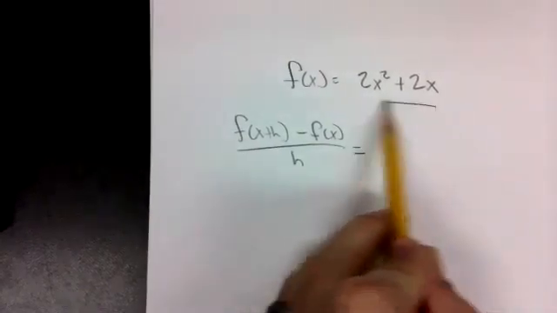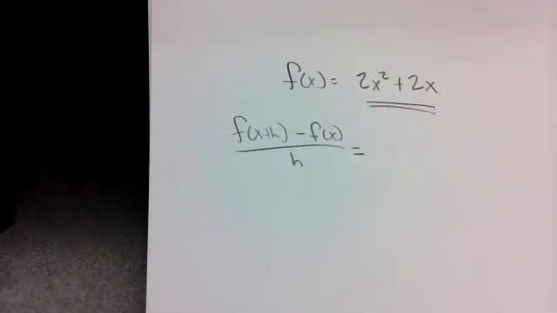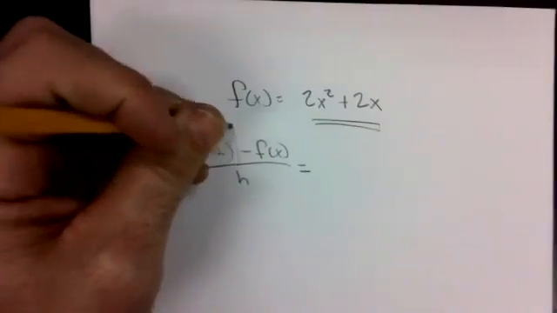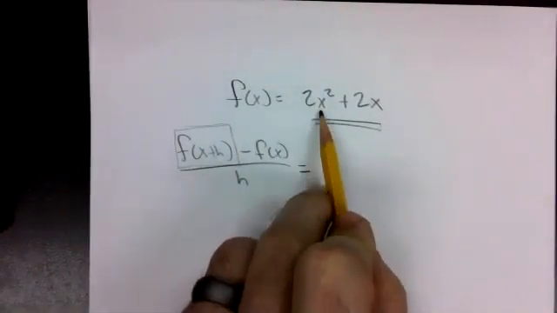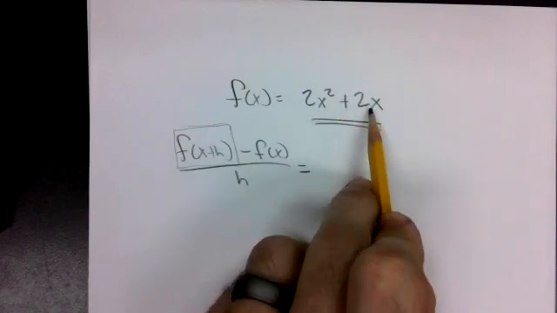All right, so again, here's my function. And again, this f of x plus h means to plug that x plus h in for both x's. So that part is going to look like this.